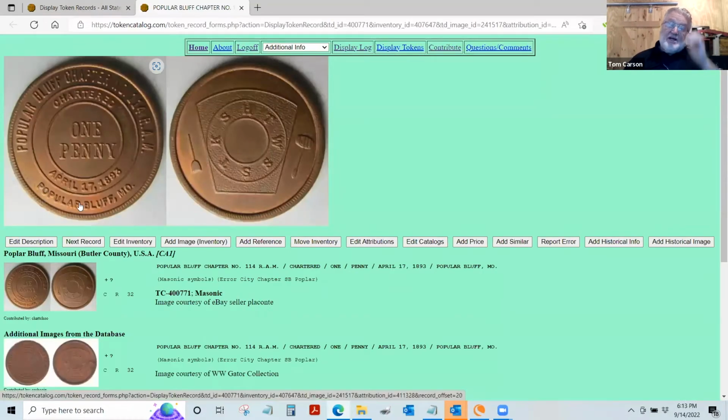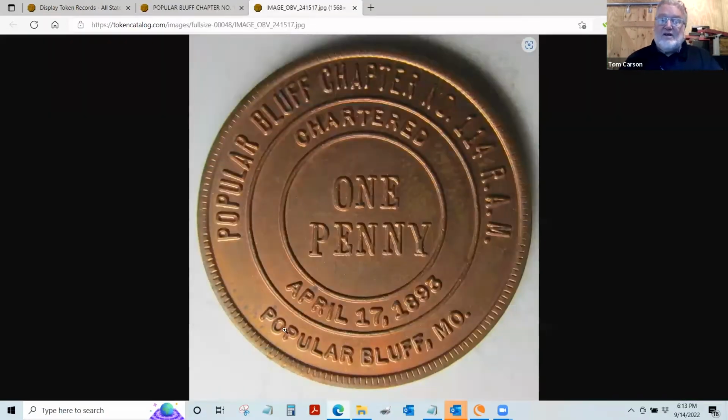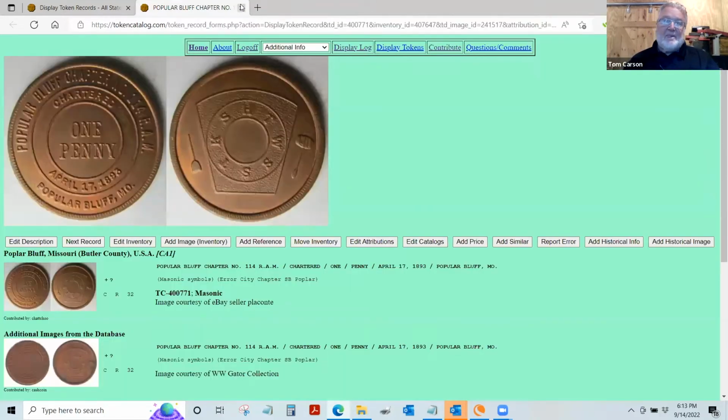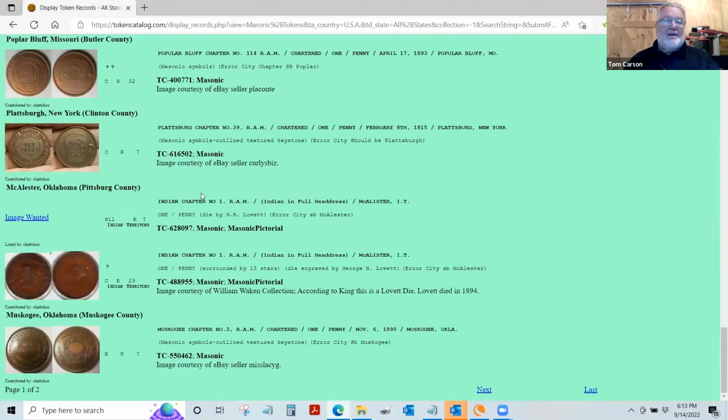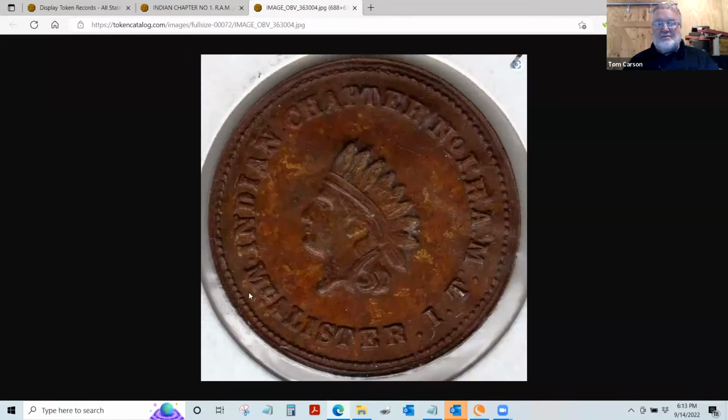Poplar is a tree, and Poplar Bluff, Missouri is named after the tree. Well, on their pennies, they became Popular Bluff, Missouri. McAllister, Oklahoma. This is another George Hampton Lovett. McAllister is spelled with an E, Macalester.